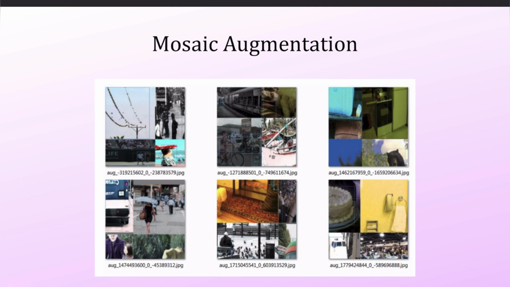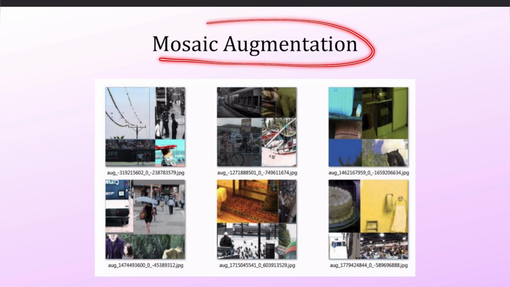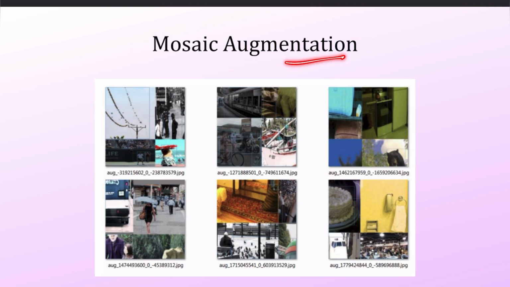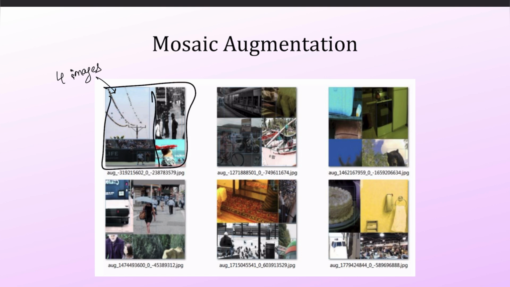And one more popular data augmentation method is Mosaic data augmentation. This augmentation was introduced for the first time in the YOLO-V4 model. This is nothing but clubbing 4 images into a single image. So if you observe here, every image consists of 4 images, right? You can see that this is the distribution.